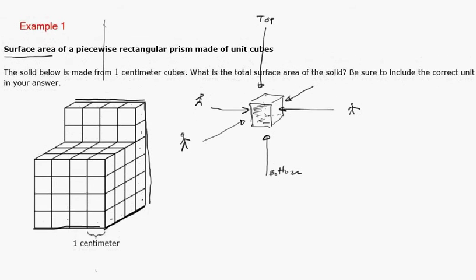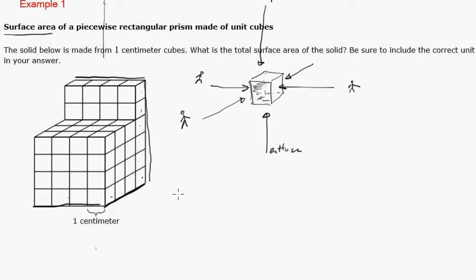So let's start with the front. The front, I see 4 and then 4. So 4 times 4 is 16, plus 8 more, 24. So I get 24. And in the back, I also get 4 times 6, so 4 times 6 is 24.